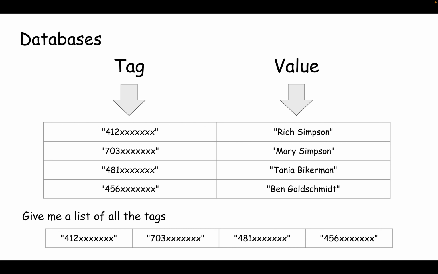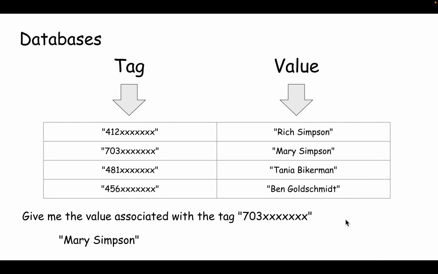There's only a few operations that you can do with TinyDB. One thing you can do is ask the database to give you a list of all the tags that it has. So if you asked it for all the tags in this database, it would give you a list with 4 items in it. You can also ask it, what's the value associated with any one of those tags?